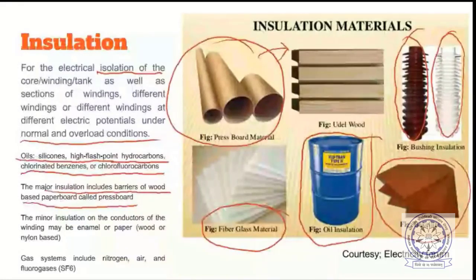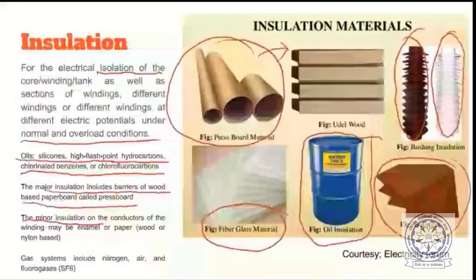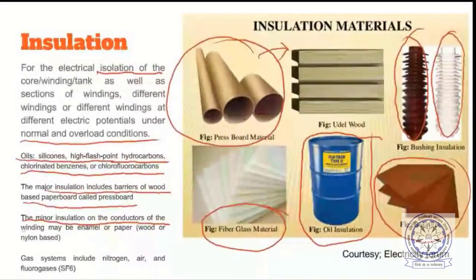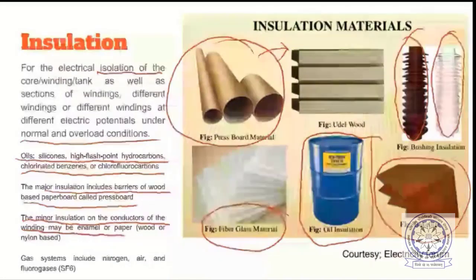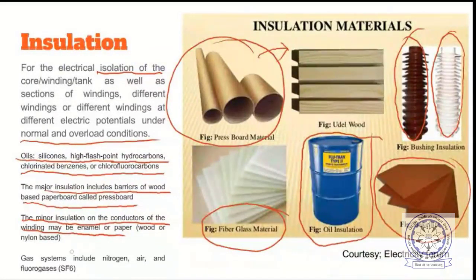And there is minor insulation also. This minor insulation is on the conductors of the winding, and this may be enamel sometimes in low power rating, or paper, or wood or nylon based paper, which can be wrapped on the conductor. So this is called minor insulation.